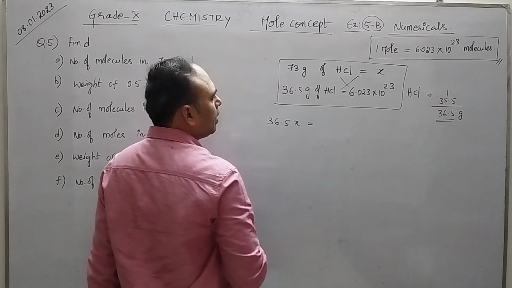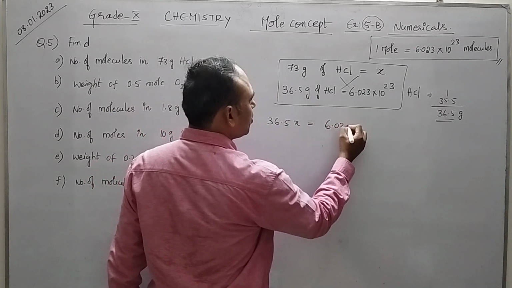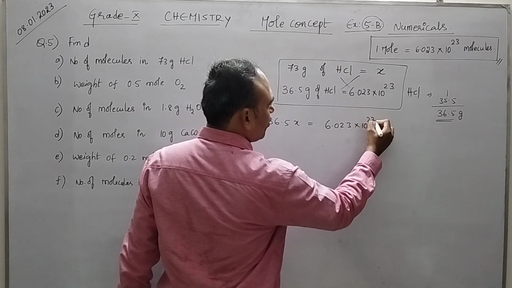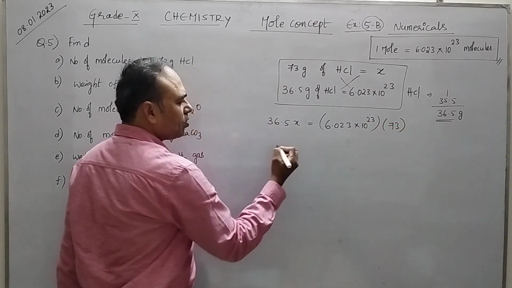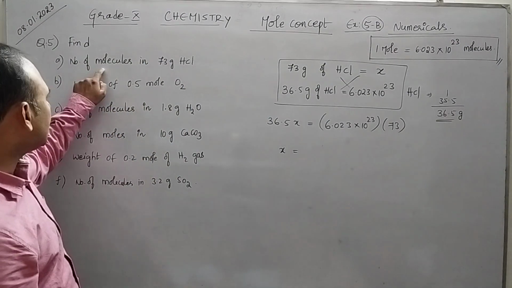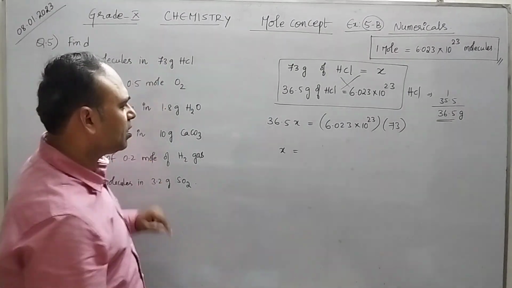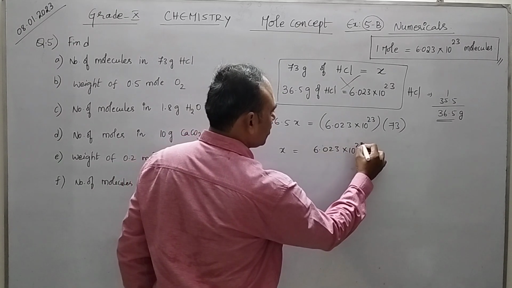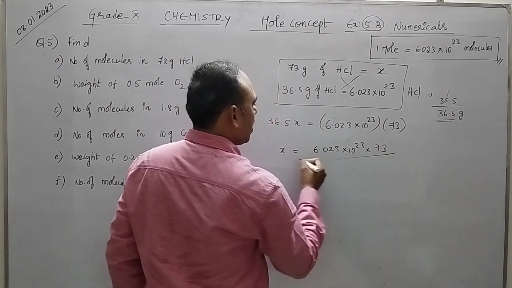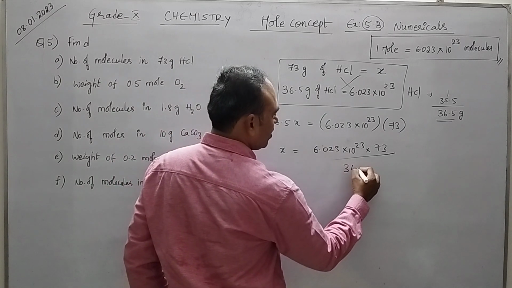Using this, now we can solve, cross multiply. What we get: 36.5 X is equal to 6.023 into 10 to the power of 23 into 73. Therefore X is equal to 6.023 into 10 to the power of 23 into 73 by 36.5.